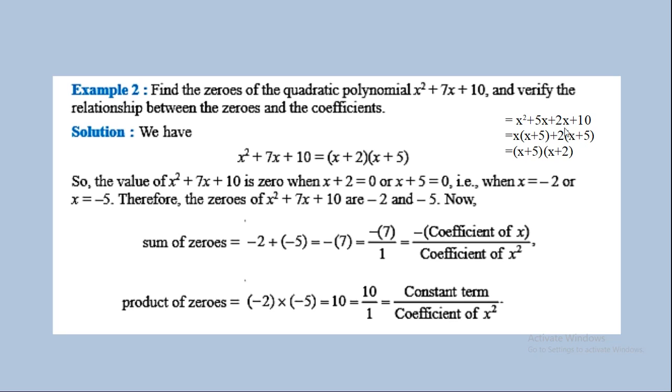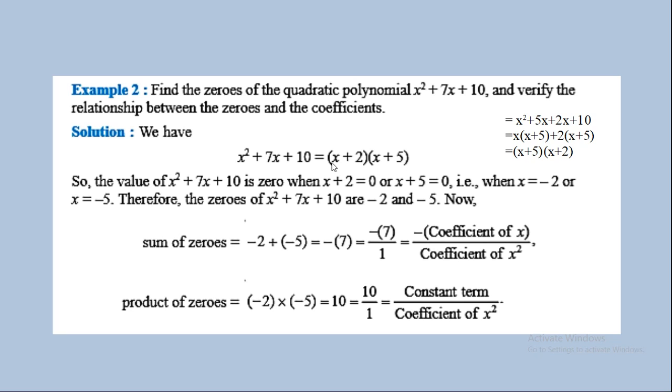Here x plus 5 is common, so we take x plus 5 outside, and we get x plus 5 into the remaining x plus 2. Thus we have factorized the polynomial x squared plus 7x plus 10 as the product of the two factors, x plus 2 into x plus 5.